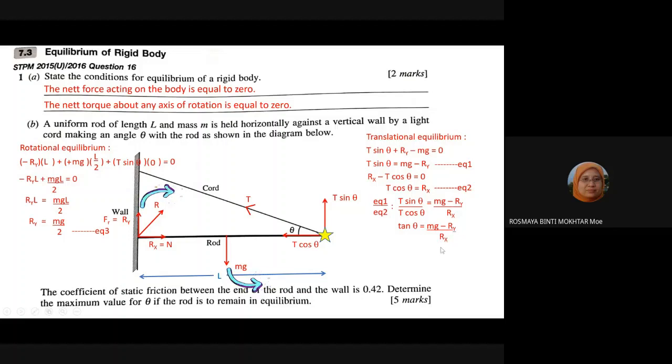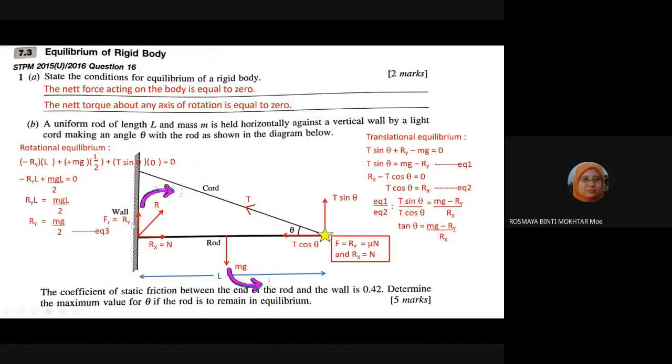Now we can combine this with equation 3. Because we are going to find theta and mu is given, we substitute Ry equals mu N. Ry is the vertical component of R, which is equal to friction.